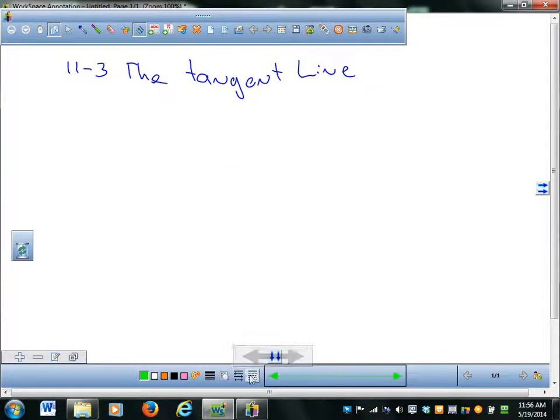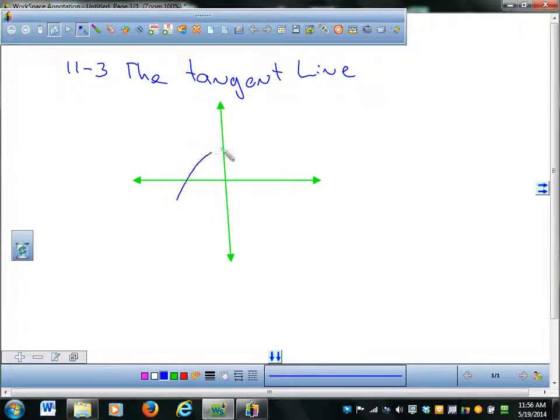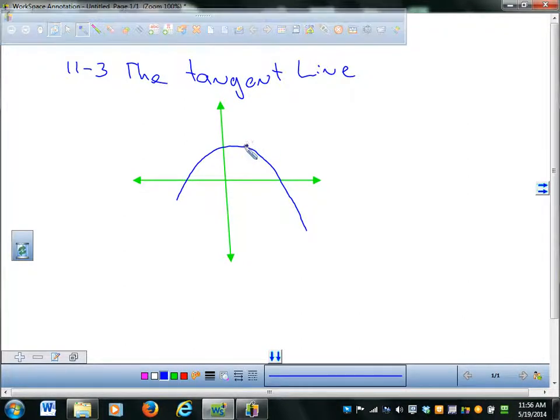have some curve, let's not make it, so I have some lines here, and I make some curve like a parabola, try to make a parabola or something, okay? And the tangent line is a line that goes from one point on a curve to another point.